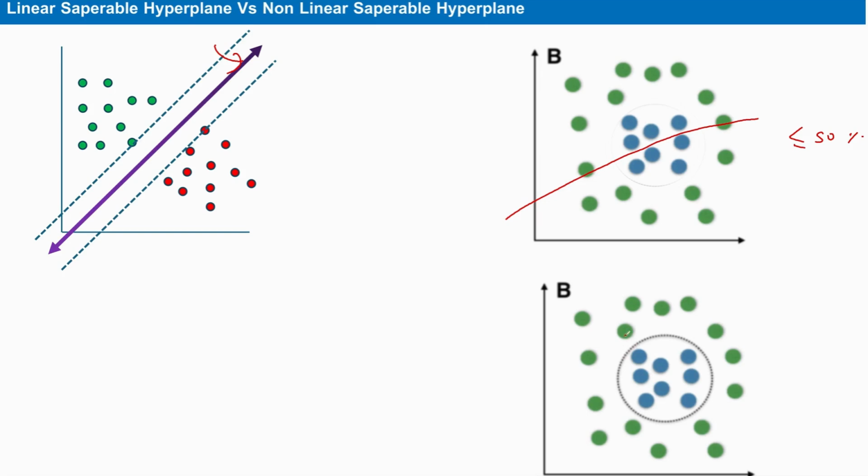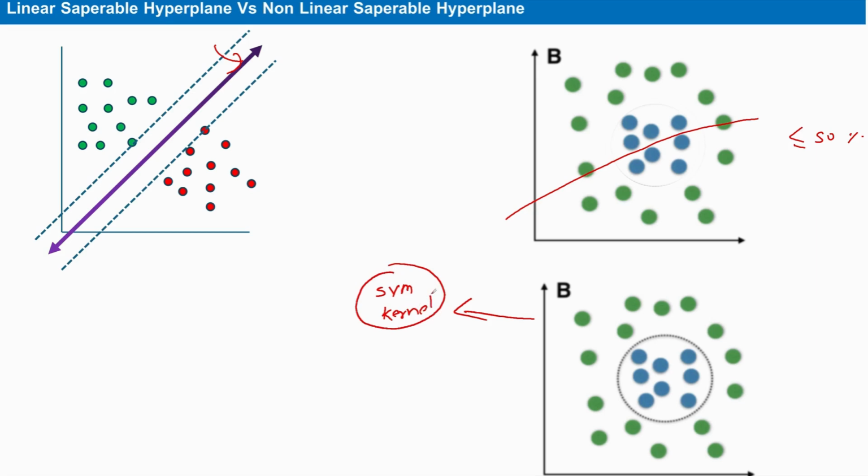In the support vector machine, to achieve this non-linear separable hyperplane, they use SVM kernels. So what do these SVM kernels actually do?